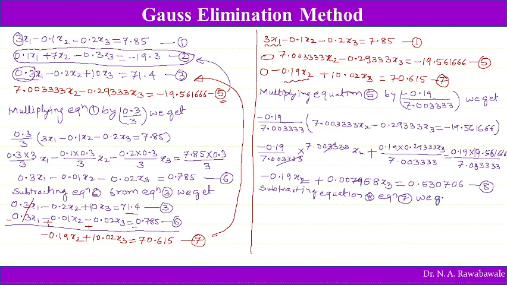First of all we write equation number 7 as minus 0.19 x2 plus 10.02 x3 is equal to 70.615.